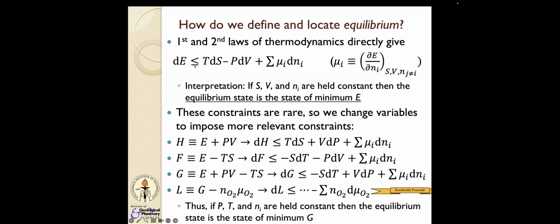And the interpretation of that is that for any reversible process, the internal energy does not change. And for any spontaneous process, the internal energy decreases. And equilibrium is the state where no spontaneous processes will change the state of the system. So the equilibrium is the state of minimum internal energy.